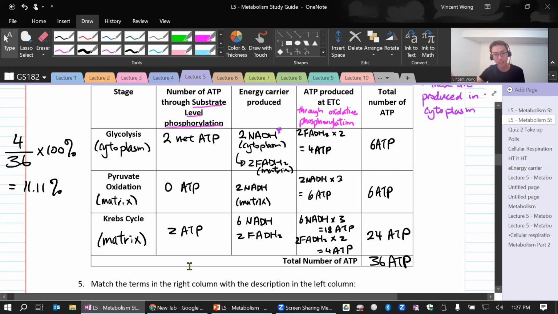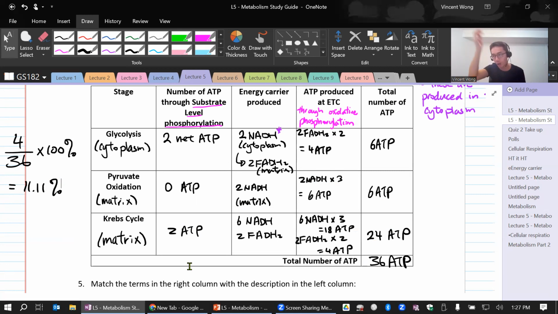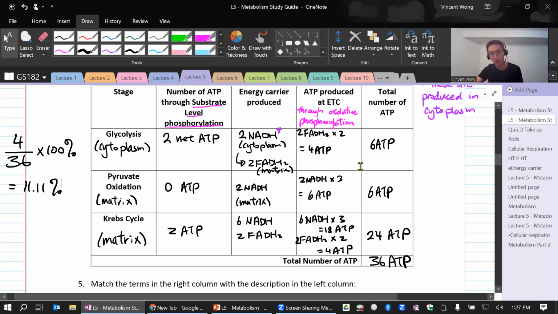A majority of the ATPs are produced indirectly, as in not ripping it right off the glucose. It goes through oxidative phosphorylation, creating the dam, letting it pass through the turbine. That creates a majority, 32 out of the 36 ATP.